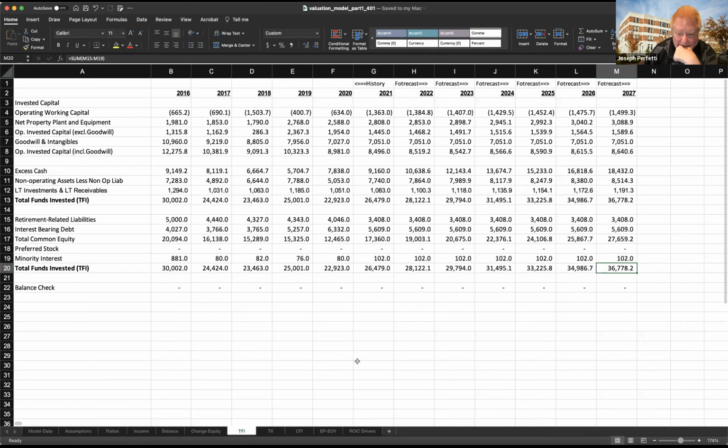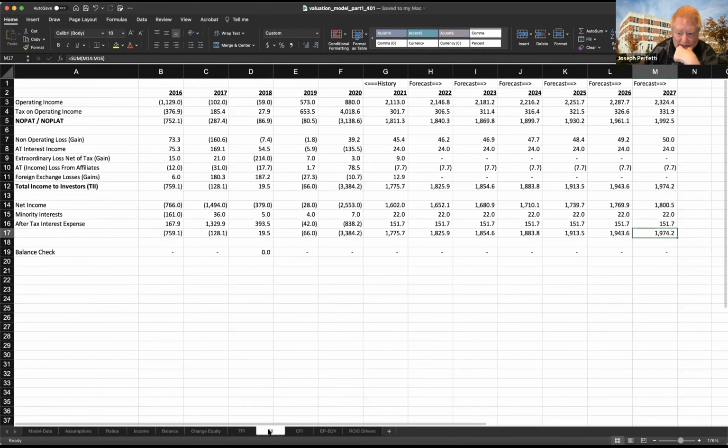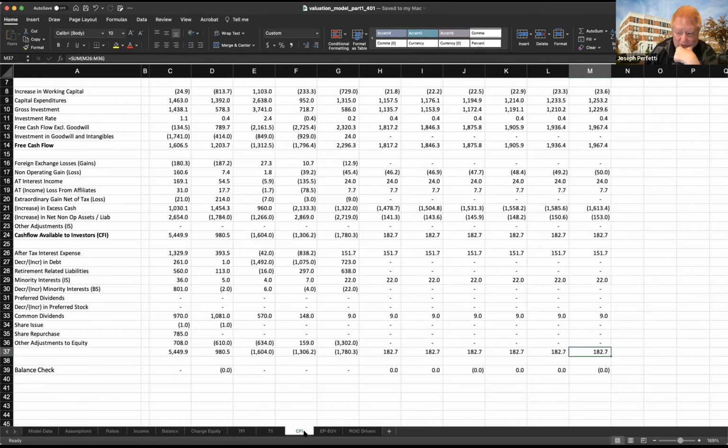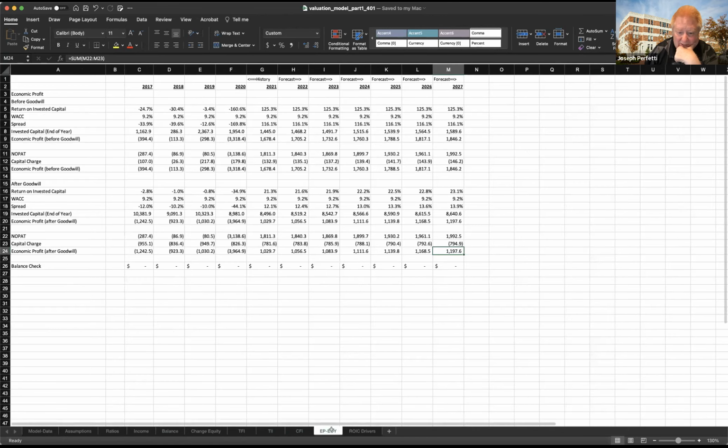Here's TFI, 36,778.2 in the last year. TII, 1974.2. CFI is 182.7. And economic profit is 1197.6.